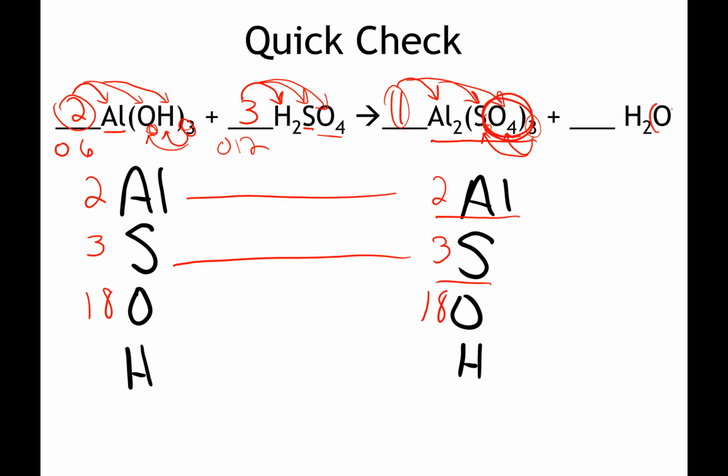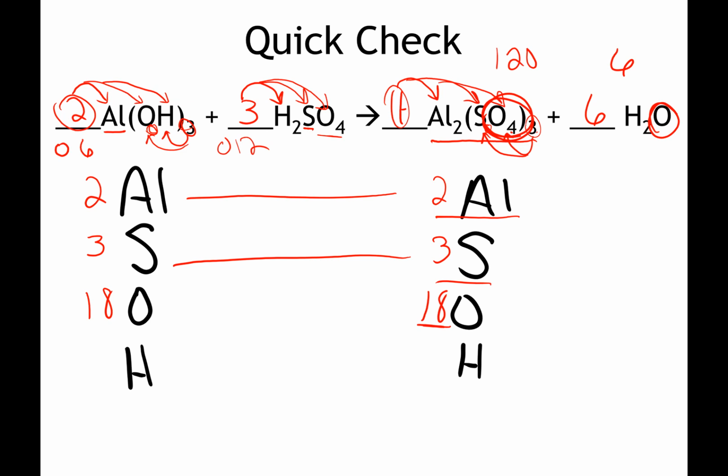I have it here and I have it over here. If I take my 1 times my 4 times my 3, that means I have 12 oxygen from that substance, and I need 18 total. That's what it said down here. So if I already have 12, that means I need 6 more. So I'm going to put a 6 in front of my water, which gives me my 6 oxygen.